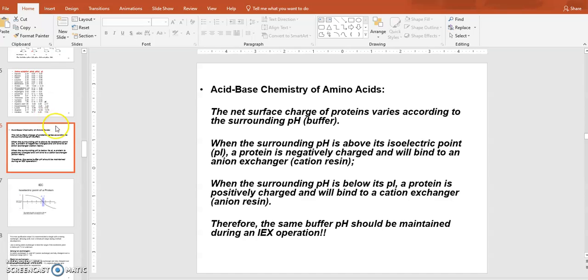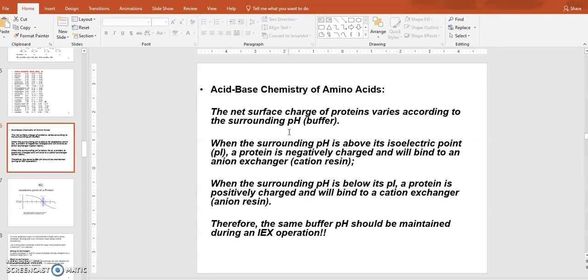Otherwise you cannot apply the ion exchange chromatography method. The reason is you need to know if your protein will be negatively or positively charged in order to capture it. If the overall net charge of your protein is negative, what does that mean? You will have to use a resin that is positively charged.